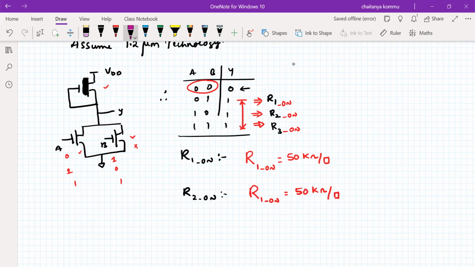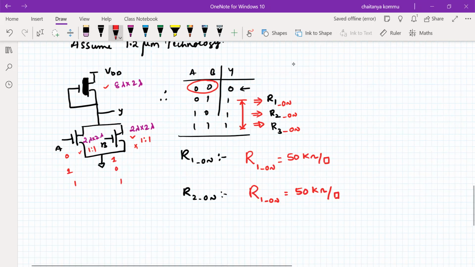Unless otherwise specified, please remember that the length to width ratio is 2 lambda by 2 lambda. People will sometimes write it as 1 is to 1, or 4 is to 1.